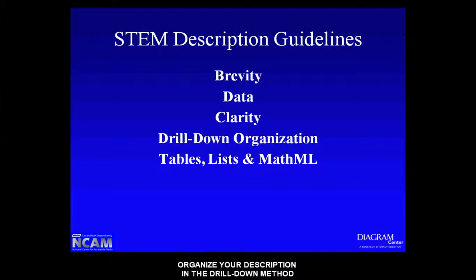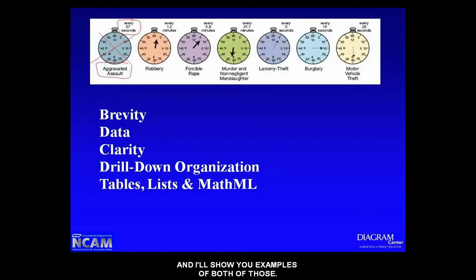Organize your description in a drill-down method, meaning go from the most general information down to more and more specific and down to providing data at the end. And then if you are using HTML, use table and list format and MathML when you can. And I'll show you examples of both of those.